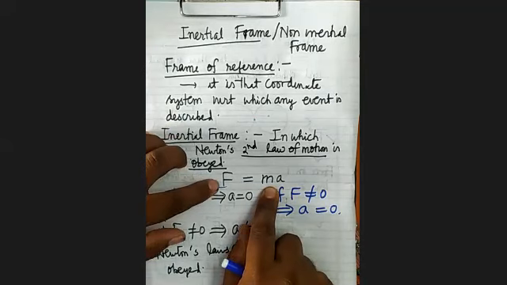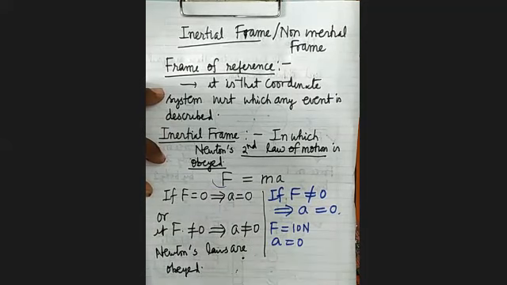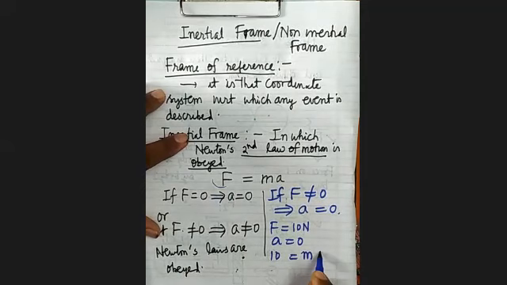You can verify. Suppose F equals 10 Newton but acceleration equals 0. You substitute here, it will be 10 into 0. Whether it is correct? No, sir. This cannot be correct. Understood?